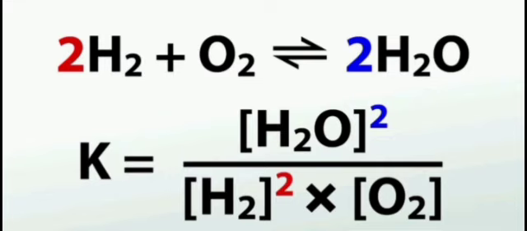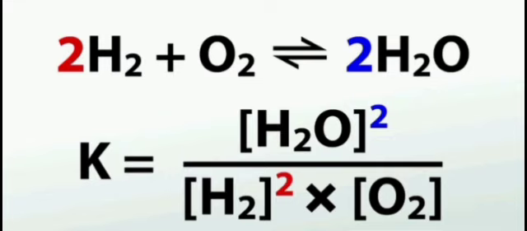So in order to do that, we have to form an ICE table. The I there means initial concentration, the C is the change in concentration, and then E is the equilibrium concentration.